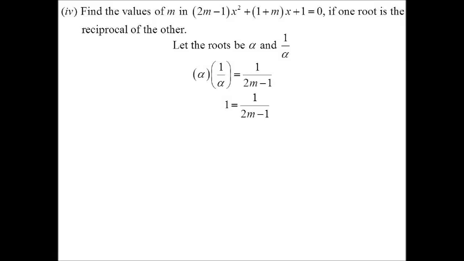So I'm going to call the roots alpha, and the other root is its reciprocal, 1 on alpha. So for the product of the roots, I don't actually need to know what alpha is, because alpha times 1 on alpha will be 1, and in our expression it's going to be 1 over 2m minus 1. We're trying to find m, so we just solve that little one, and we get m is 1.